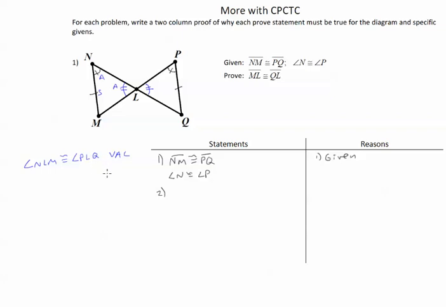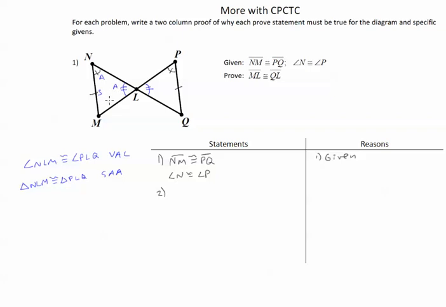I prefer to call it side, angle, angle, because then we get to use the nice little statement that we've proven that these two triangles are congruent by SAA. Anyways, so we got triangle NLM is congruent to triangle PLQ by side, angle, angle.